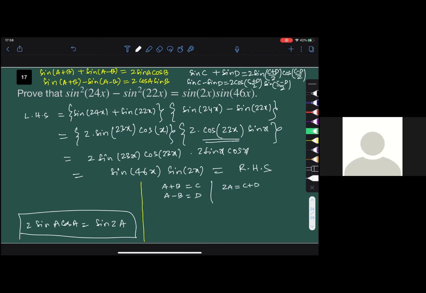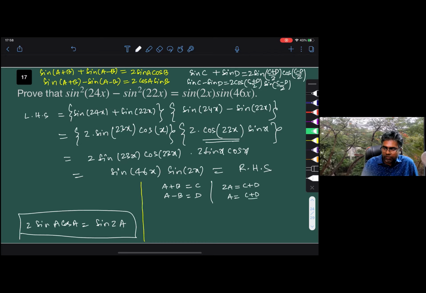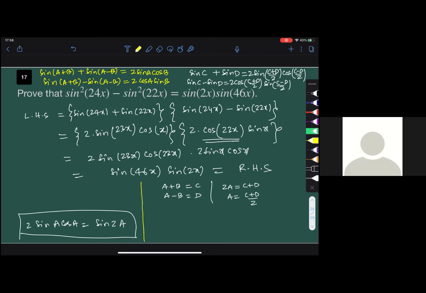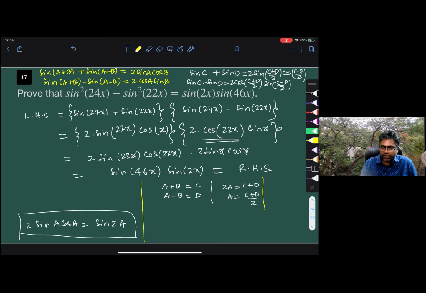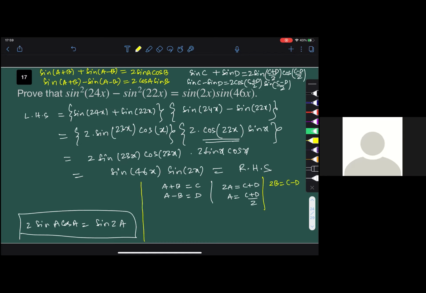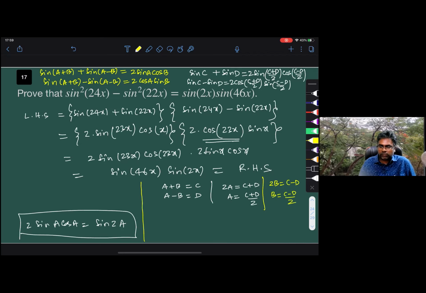Now what is a? c plus d by 2. Now if you subtract the second equation from the first equation, what do you get? 2b is equal to c minus d, right? What is b? c minus d by 2. Understood?